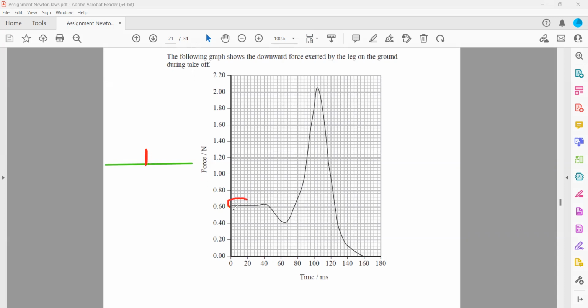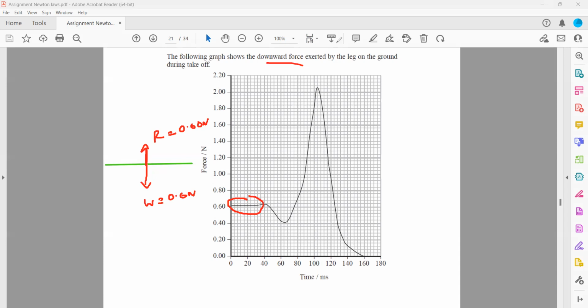In this part, the bird did not push the ground. So at this point, the weight of the bird is equal to the normal contact force, or the downward force, because the following graph shows a downward force. The bird does not push, so the normal contact force R and the weight are equal to each other. So we can say this is 0.61 or 0.60 Newton, a downward force equal to the normal contact force of 0.6 Newton upward.